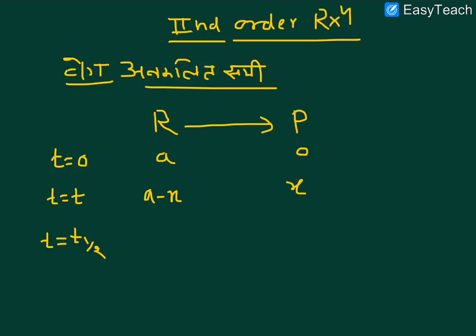Then we can say x is equal to a by 2, meaning the concentration of product is a by 2. So the concentration of reactant is a by 2 and the product concentration is also a by 2. That is basically the symbolic representation of any kind of reaction.